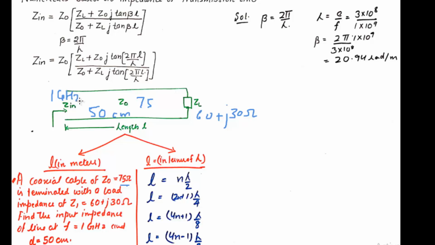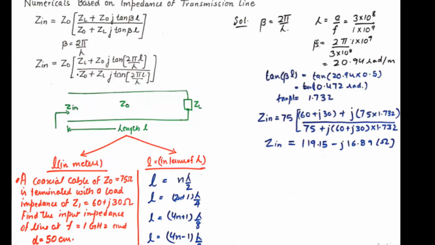The signal that it is carrying is of 1 gigahertz. This 1 gigahertz is very important because this will give us lambda here. Once we calculate lambda, we need to put it back into beta, 2 pi by lambda, and calculate beta. From beta we need to calculate tan beta L, so beta multiplied by L, which is 0.5 meters here.